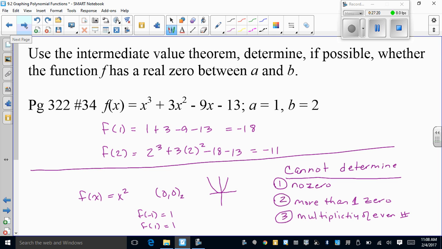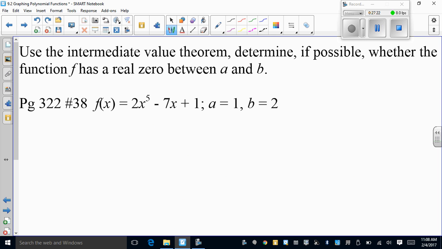Okay. Now, let's try another one. This one here, they're giving you the same values again. They want f of 1. So it gives us 2 minus 7 plus 1, which is negative 4, unless I did my math wrong. And then f of 2, which is going to be 2 times 2 to the 5th power minus 14 plus 1, which is going to give us a positive value of 51.